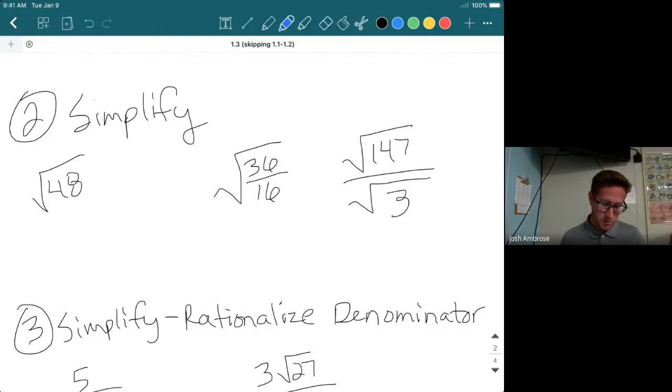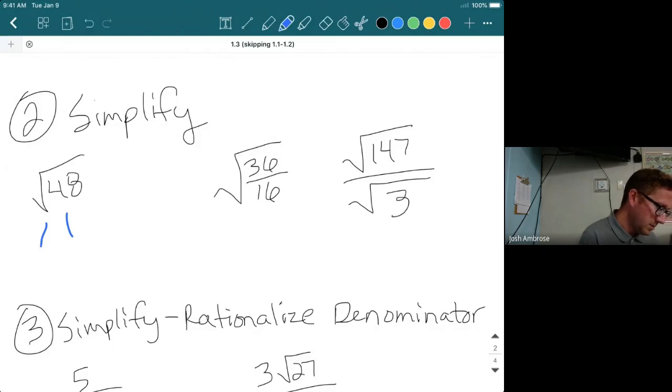Let's try this first one. We have the square root of 48. We know it doesn't work out perfectly, but that's the point of this. We're simplifying. What we will use are little factor trees, which take you all the way back to pre-algebra, even elementary level math. A factor tree is where you take this number, in this case 48, and break it down into two numbers that if you multiplied them together, they would equal 48.